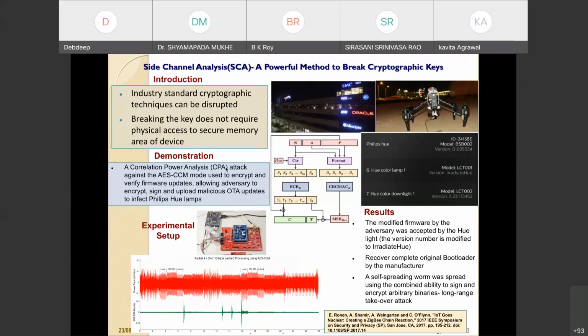The attackers first of all wanted to bypass the proximity detector, and in order to do that, they wanted to modify the firmware of one of these lights. So they went inside this office, took physical control of one of these bulbs, and wanted to update the firmware.